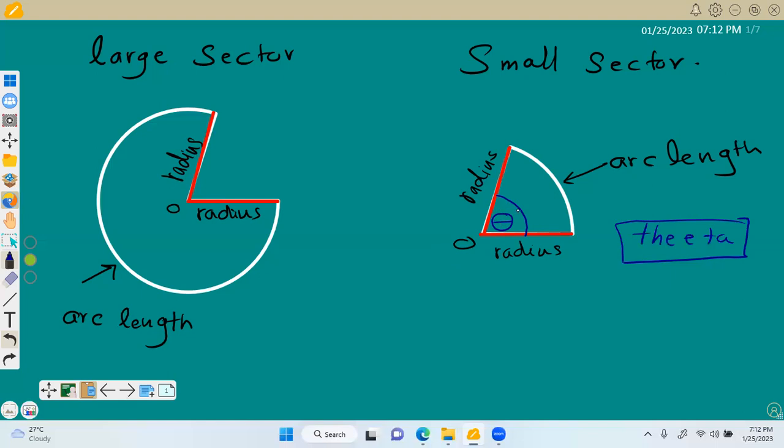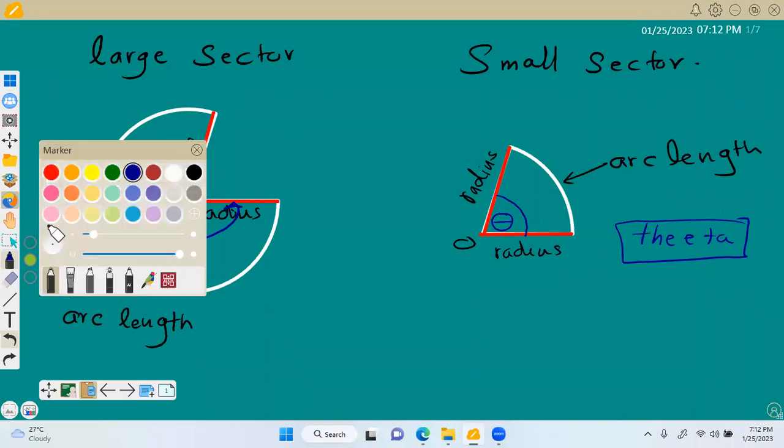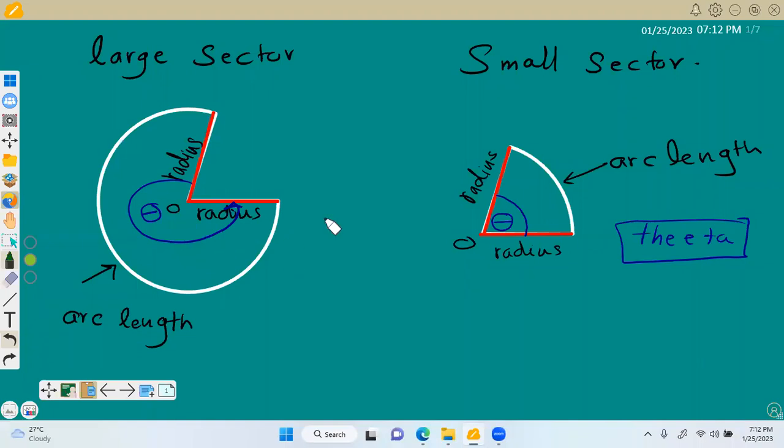Now, you can see this angle at the center is inside this sector. Okay, then when it comes to the large sector also, it should be inside the sector. Then this is the inside of the sector. Then the angle in between these two radii is this. Now you can identify that there is a difference between these two angles. Then this is what? It is a reflex angle.